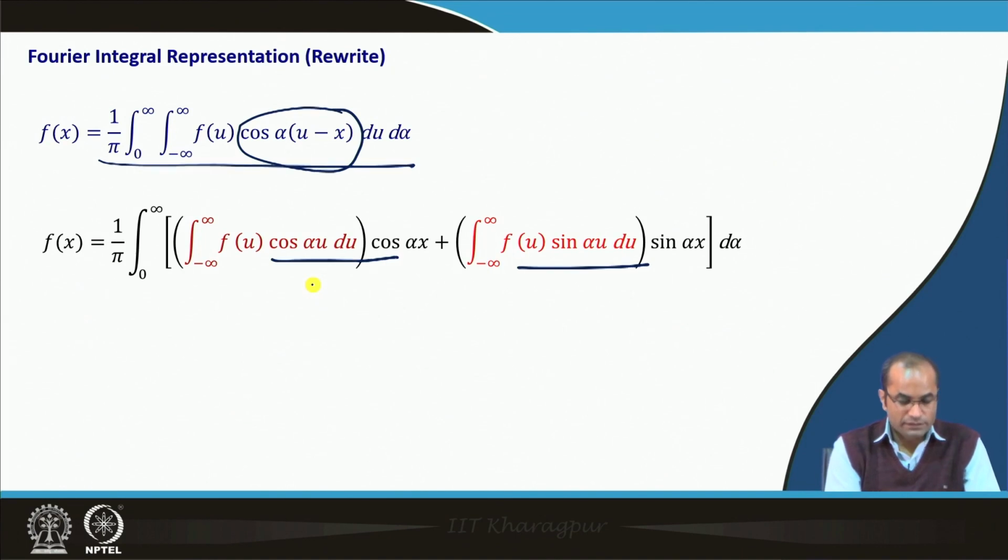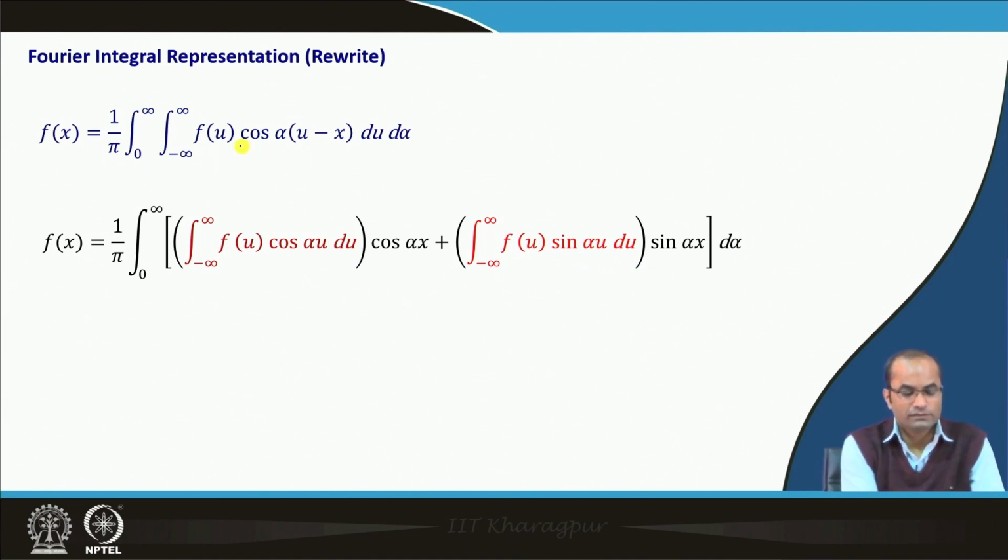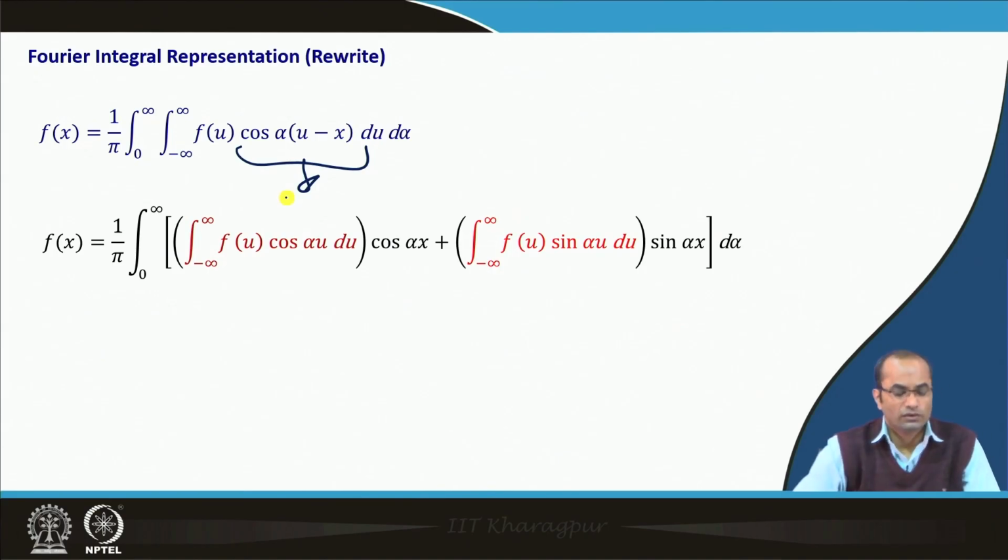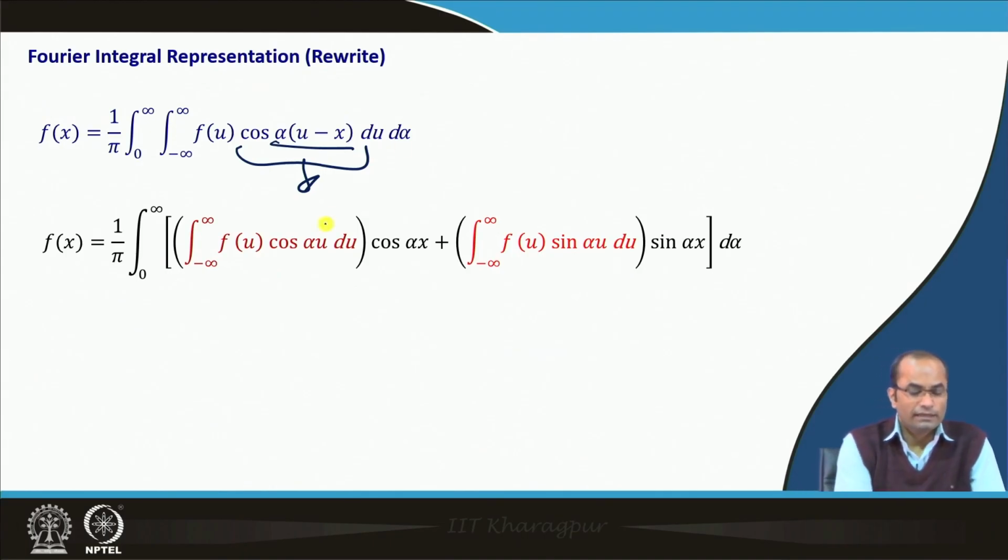So, instead of this cos(alpha u minus alpha x), we have written it in this expanded form in terms of the cos and sine. And then we have the integral over this u.